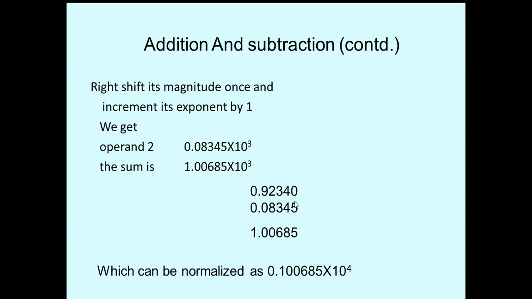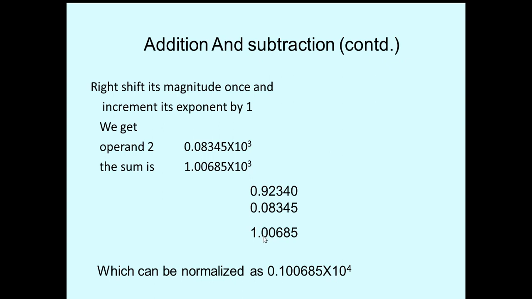So 0 plus 5 is 5, 4 plus 4 is 8, 3 plus 3 is 6, 2 plus 8 is 10, so 1, 9 plus 0, 9 plus 1 is 10. So we get 1.00685.